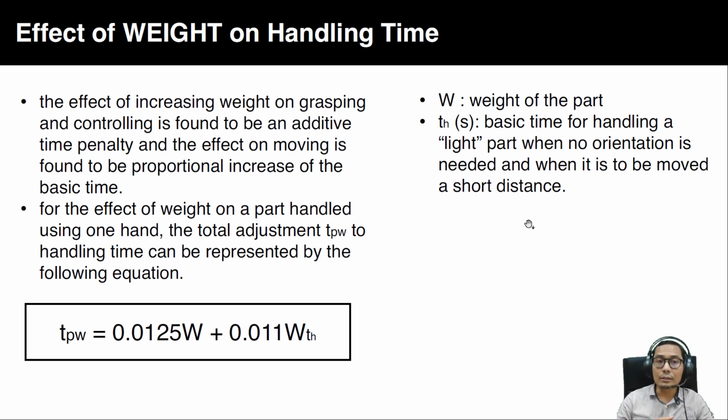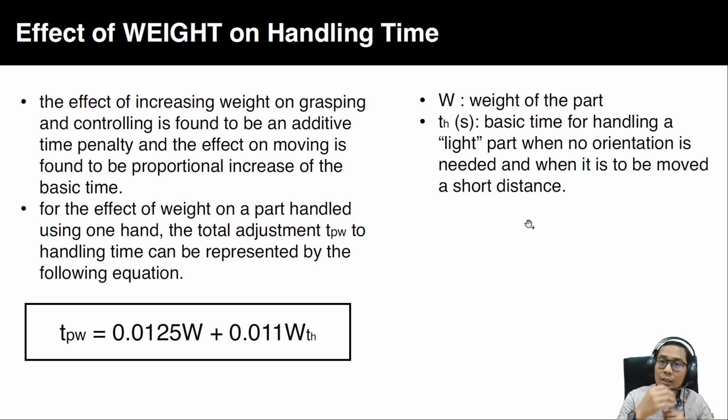Usually operators will work with two hands, but for the effect of weight on a part handled using one hand, the total adjustment TPW to handling time can be represented by the following equation. TPW is equal to 0.0125 times the weight plus 0.011 times W times TH.